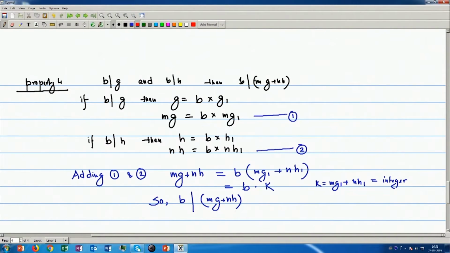So, property 4 is proved. We can explain it in this way.